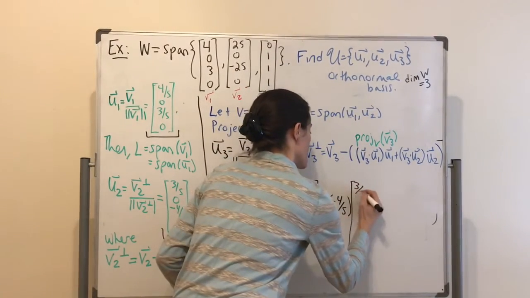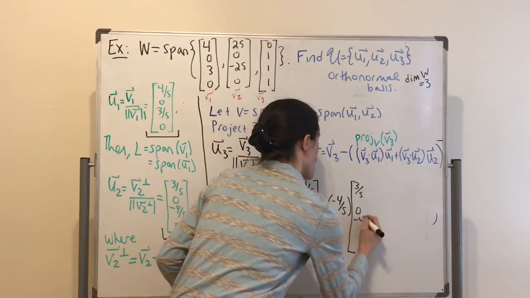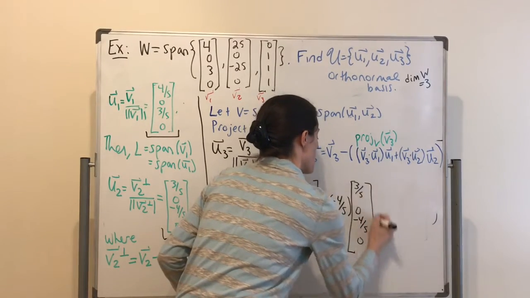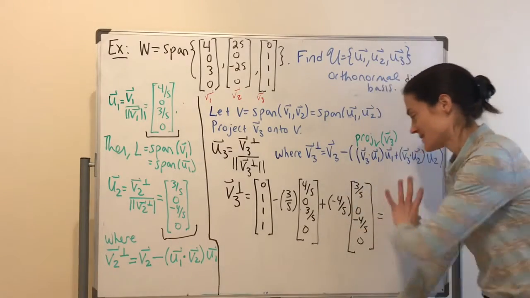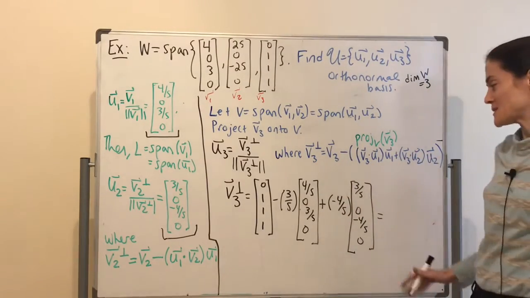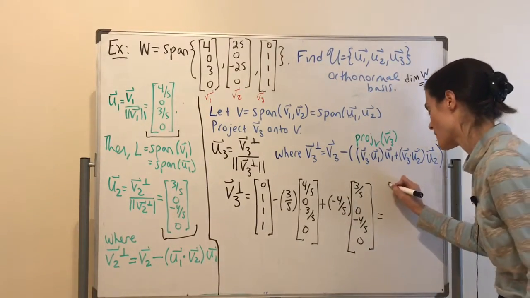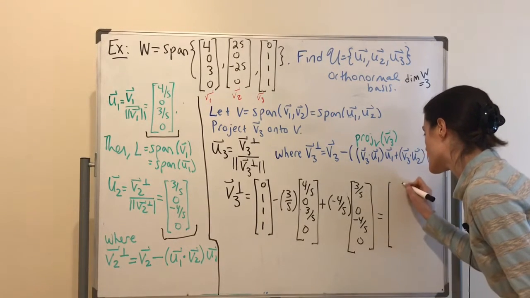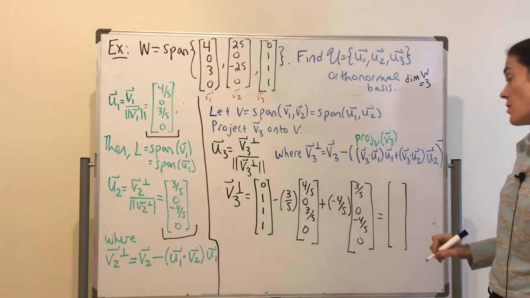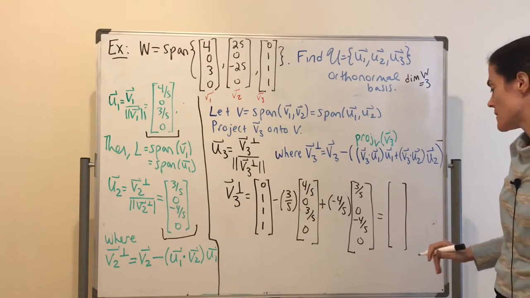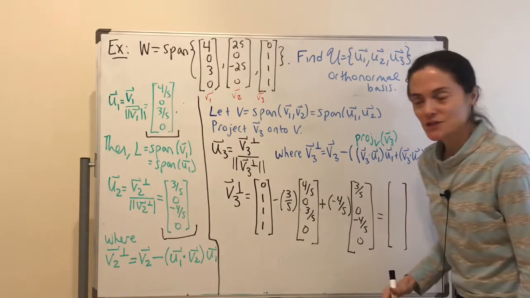This was 3/5, 0, minus 4/5, 0. See, now by optimizing my space, I can actually do this sum on the same line. Well, what do I have? Oh, I have 3 things. Well, let's do it entry by entry.